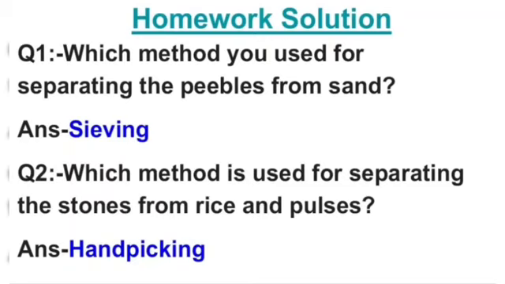Second question, which method is used for separating the stones from rice and pulses? So the answer is hand picking. For separating the stones from rice and pulses, we use the hand picking method.